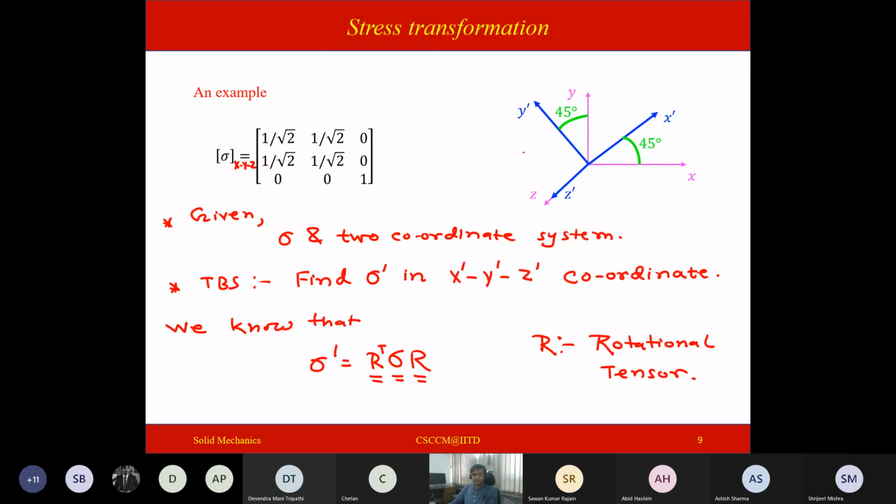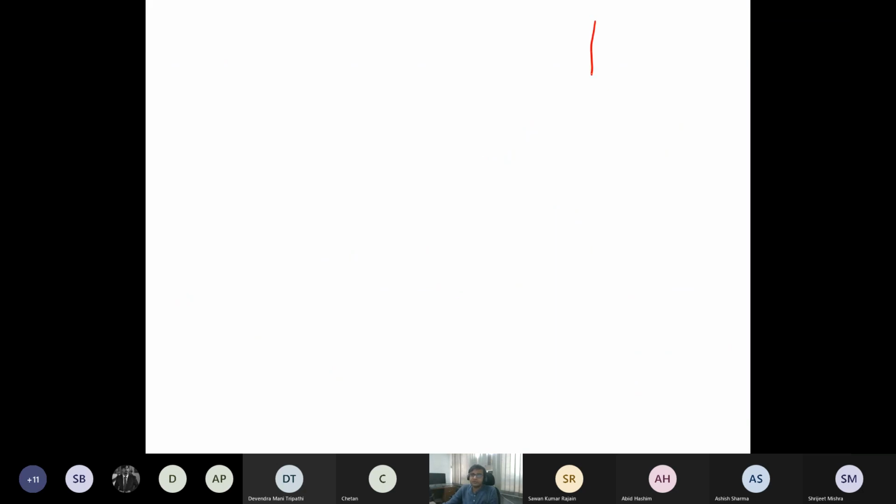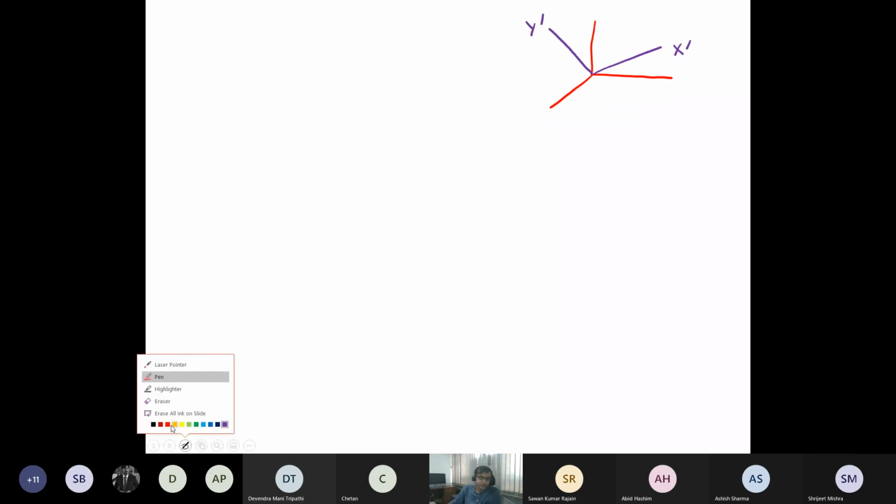So to find out R, let me draw it again. So this is something like this. And then what you are doing is you are rotating it in the anti-clockwise direction, but about the z axis. So this is your x prime, this is your y prime, this is your x, this is your y, this is your z, and this is also your z prime. What we are interested in is to compute the angles between them, right?